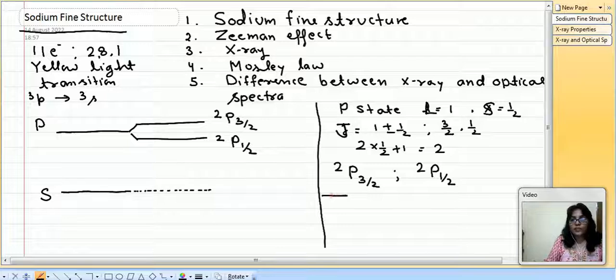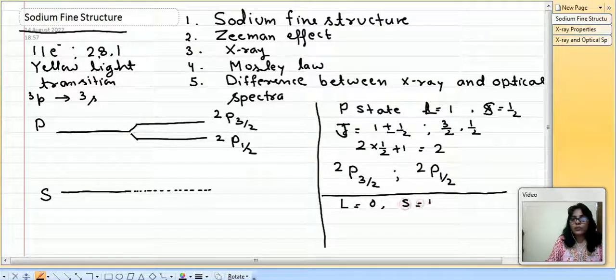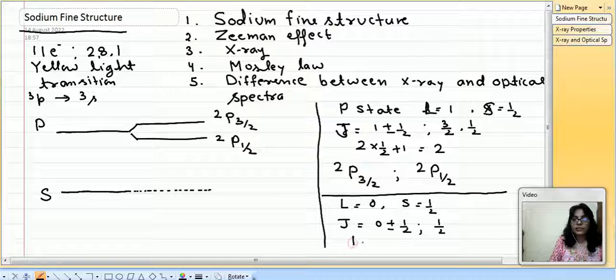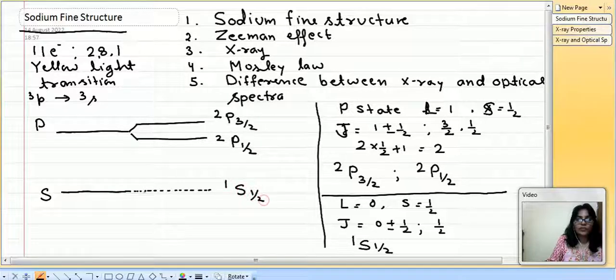Now come to the s state. For the s state, L is equal to 0 and S is equal to half. So J will be 0 plus or minus half. 0 plus half means half, and 0 minus half means again half. So there is only one J value, and the notation will be 1s half. So let us write here 1s half. This is the new transition level.